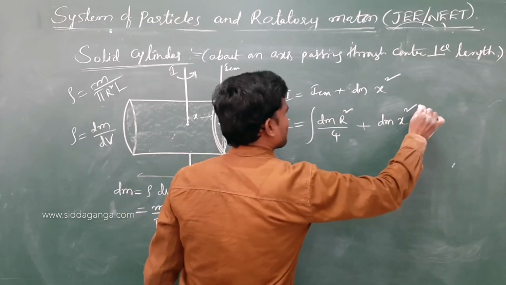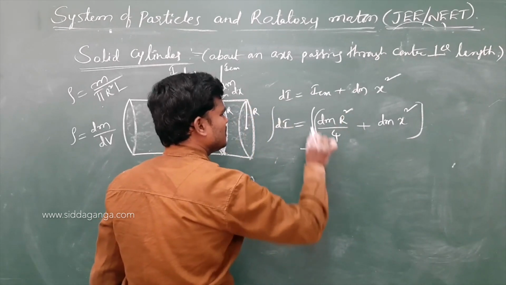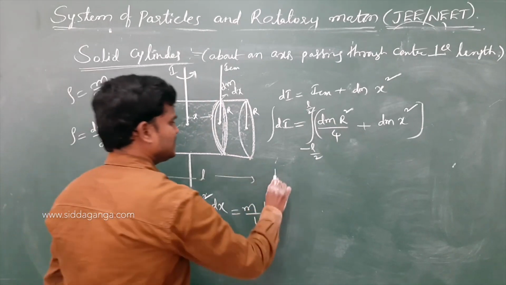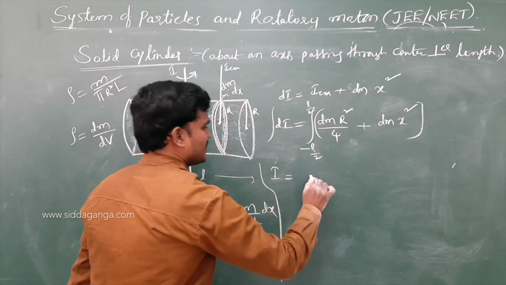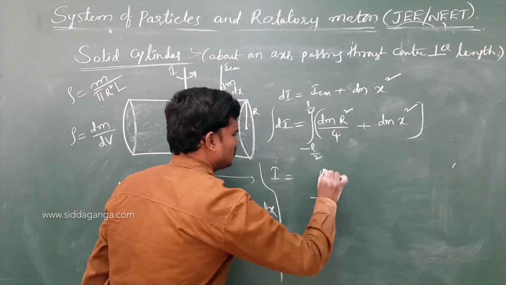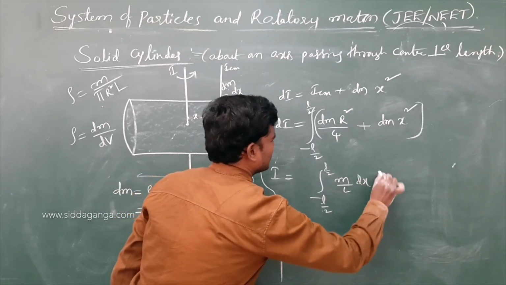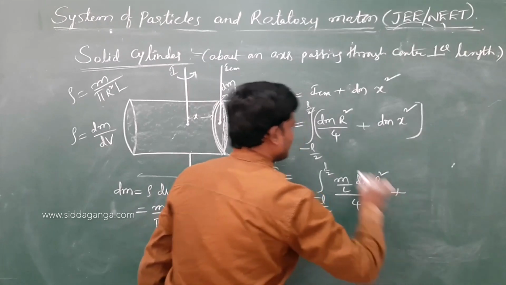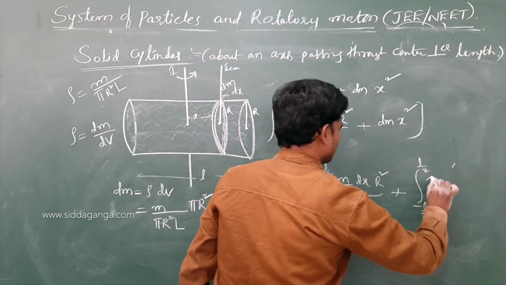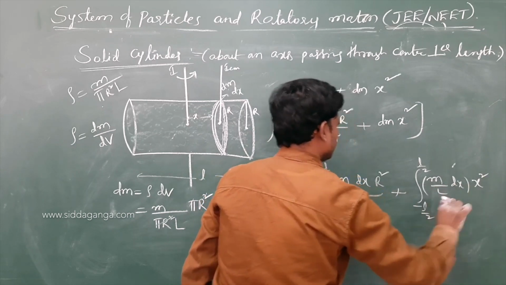Limits are very clear: minus L by 2 to plus L by 2, right side L by 2, left side minus L by 2. This is I. What is dm? M by L dx. So integration from minus L by 2 to plus L by 2 of m by L dx r square by 4, plus integration from minus L by 2 to plus L by 2 of m by L dx x square.